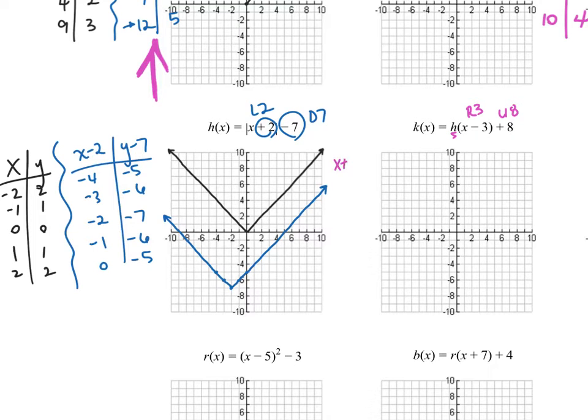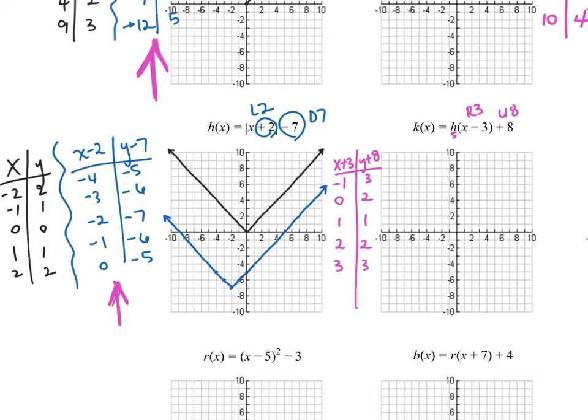So I have x plus 3, and then I have y plus 8. Looking at that from this blue table, negative 1, 0, 1, 2, 3, and then I have 3, 2, 1, 2, 3.